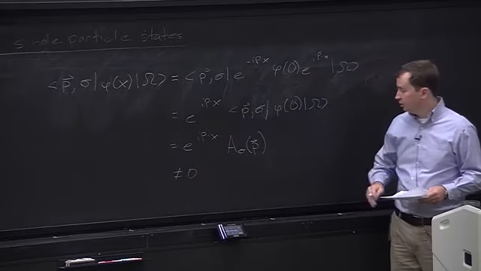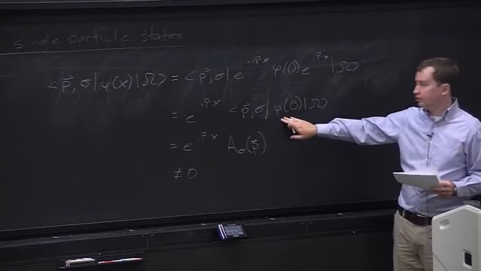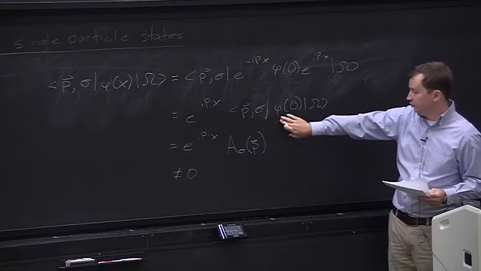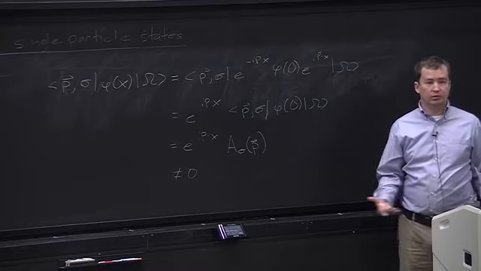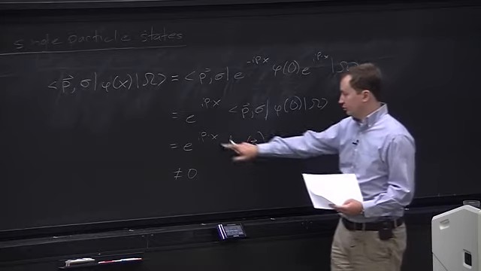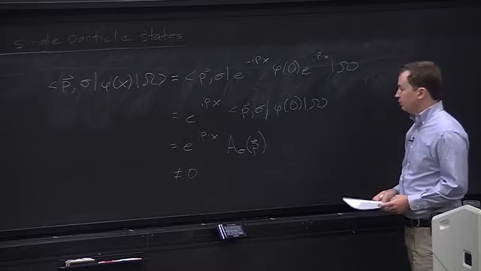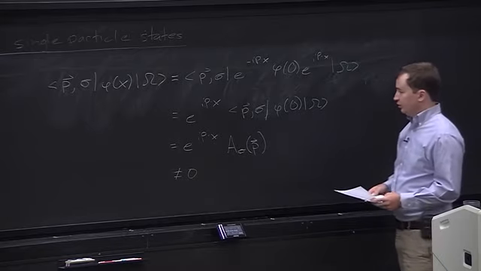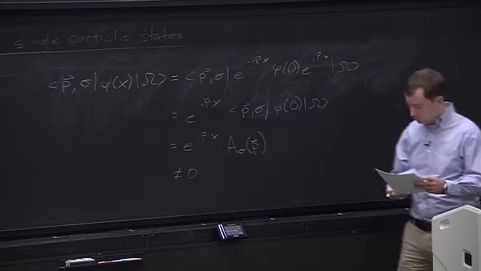And there's nothing we can do to our field, nothing simple at least, to set this equal to 0. We've already shifted and rescaled. And this would be momentum and position dependent. So there's no easy way to make this 0.